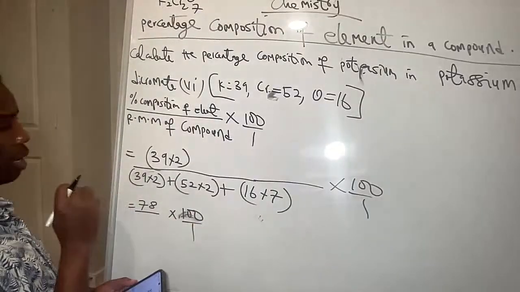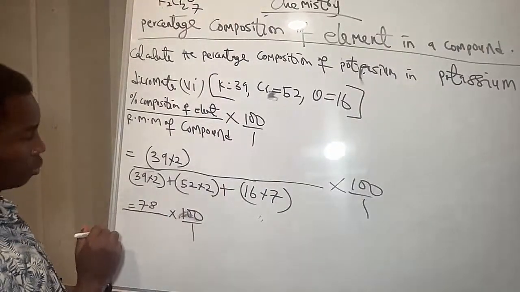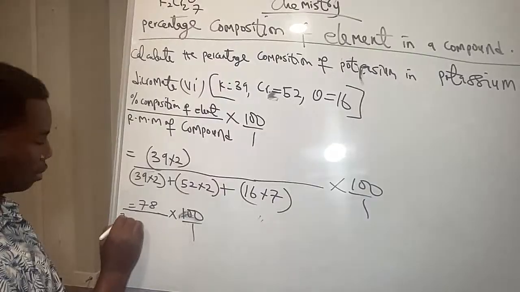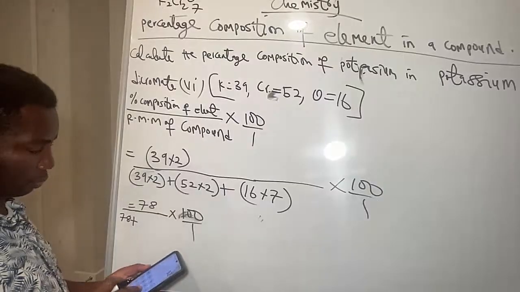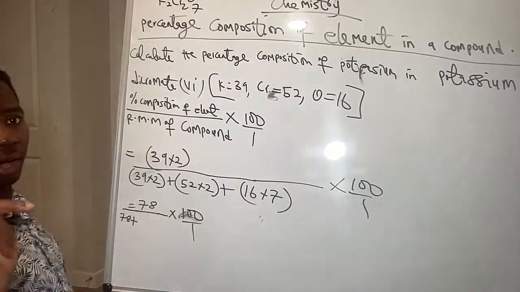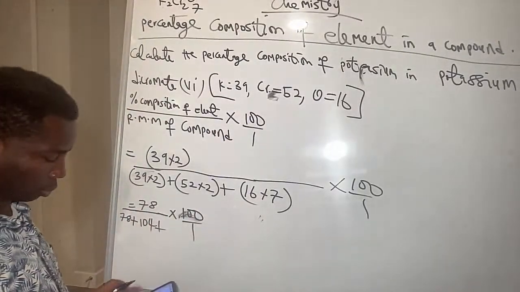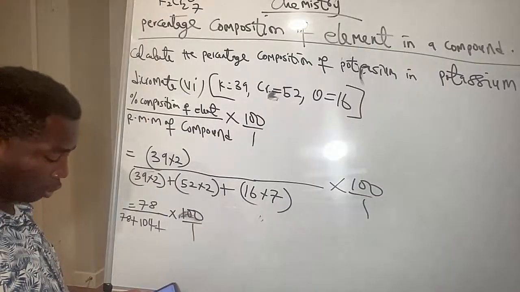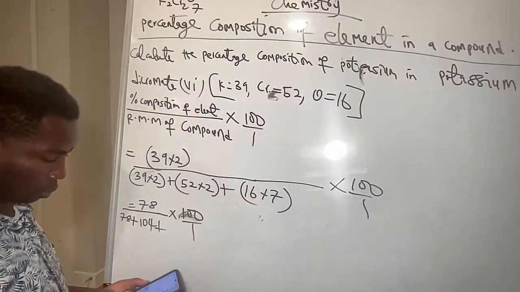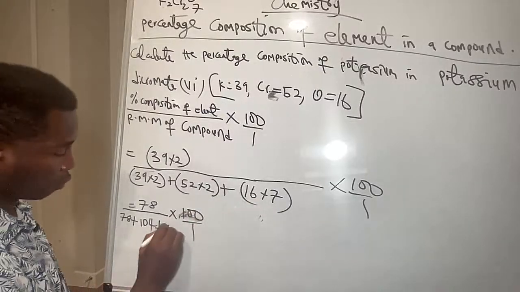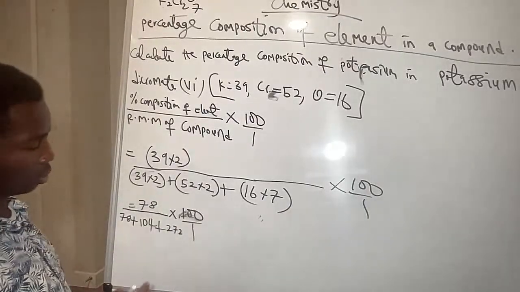Then let's calculate the denominator: 39 times 2 is 78, plus 52 times 2, which is 104, plus 16 times 7, which is 112.